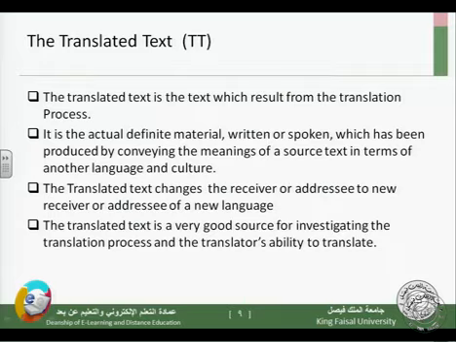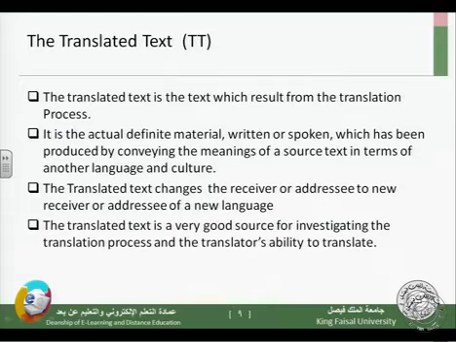This translated text reflects the source text, but it is not addressed to the source language people. No, it is addressed to new people, new addressees, new receivers of the English language.